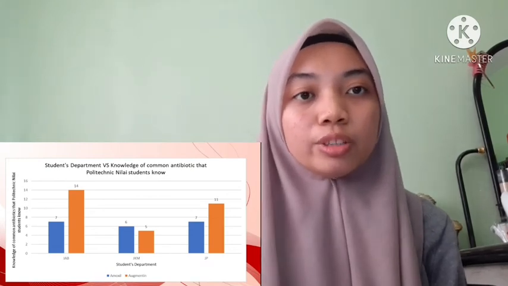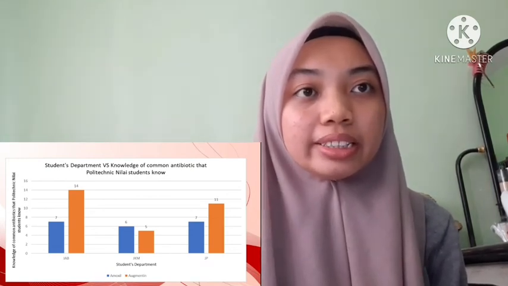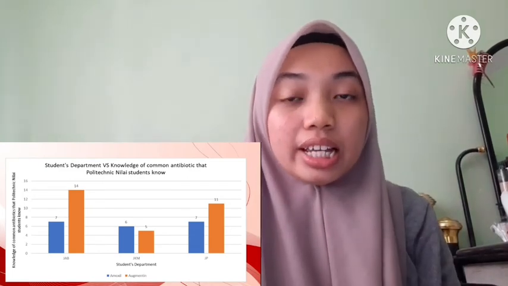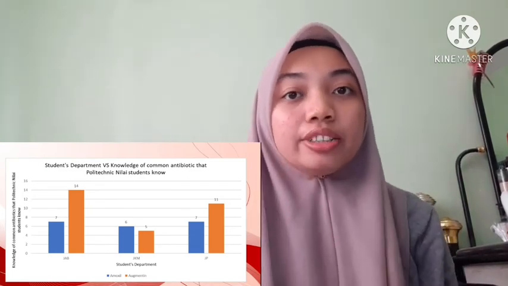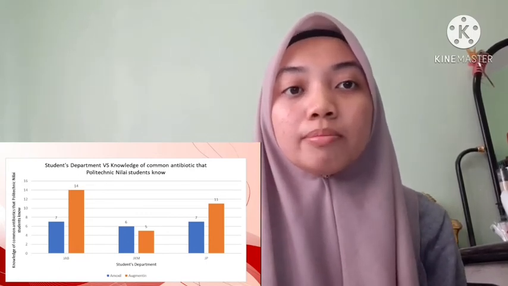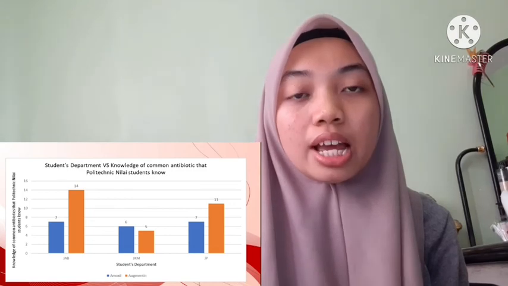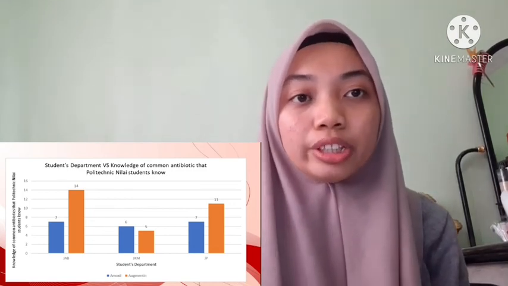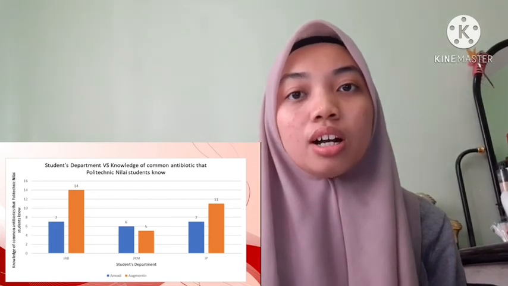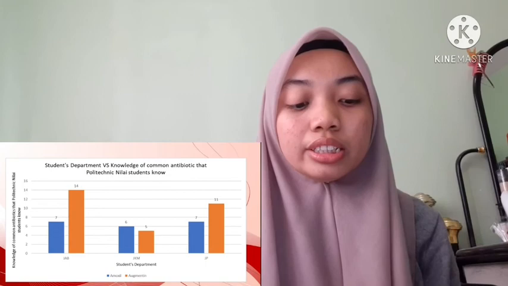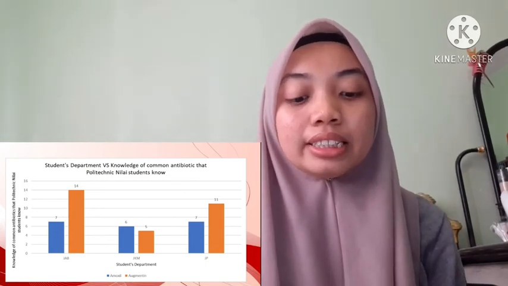So the total respondents in JKM is 11. Okay, for the next one, JP, as you can see, only 7 people chose amoxicillin and most of them chose augmentin. 11 people chose augmentin. So the total respondents in JP is 18.